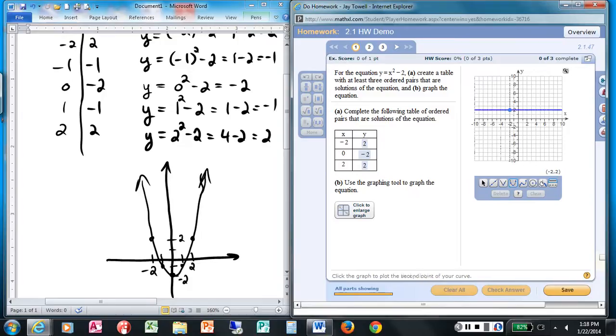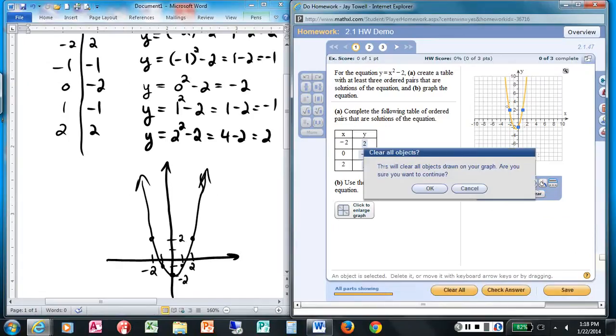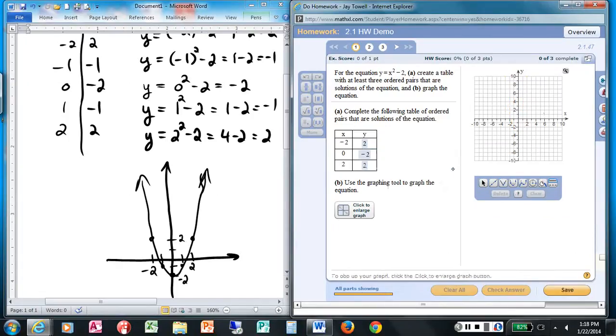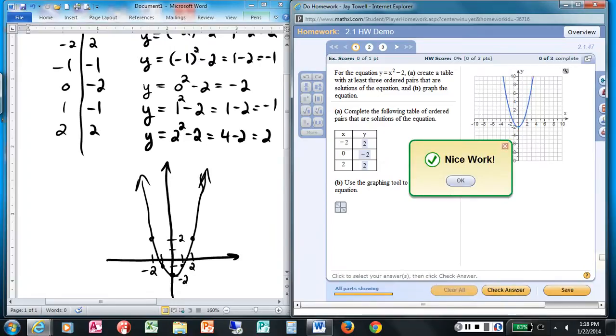So at -2, +2, I'm going to click there, and then at 0, -2, I'm going to come over to it, and then +2, +2, click on it, and I missed that, so let's try again. -2, +2, click on the U shape there, -2, +2, 0, -2, and then +2, +2 as well, and then we'll check and see how we did. All right. Good deal.